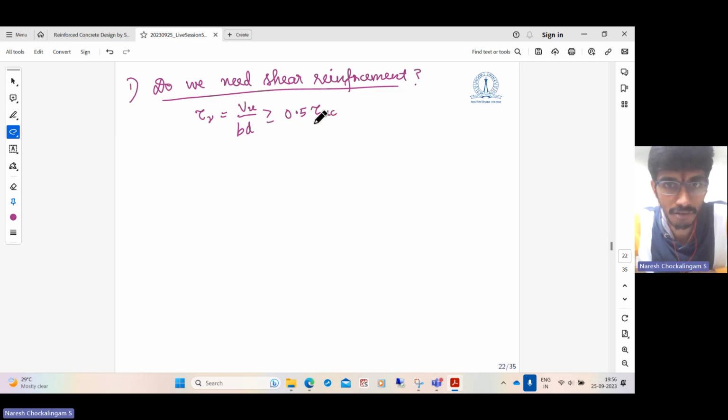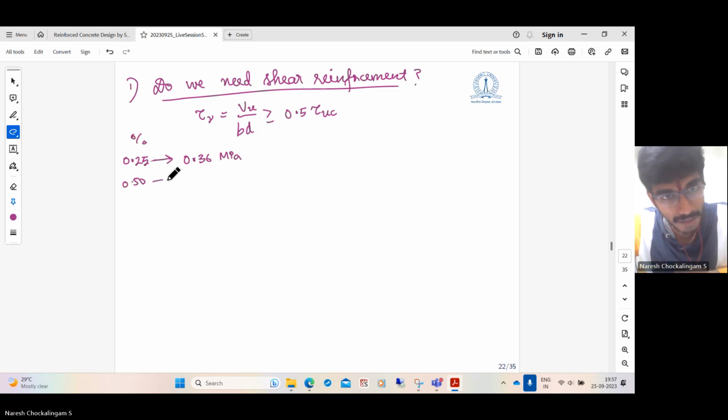So first we need to find out the shear strength of concrete. So we are given that when the steel percentage is 0.25, the shear strength is 0.36 MPa, and when the steel percentage is 0.5, the shear strength is 0.48 MPa.